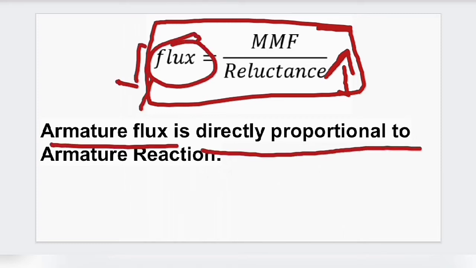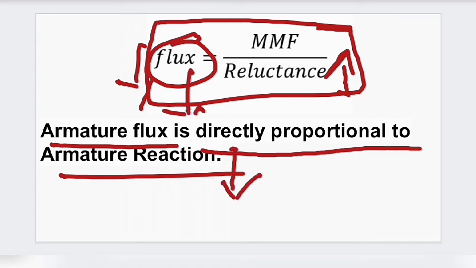Armature flux is directly proportional to the armature reaction, because armature reaction, by definition, is the effect of armature flux on the main field flux. So if the armature flux decreases, then the effect also decreases. That means the armature reaction decreases.